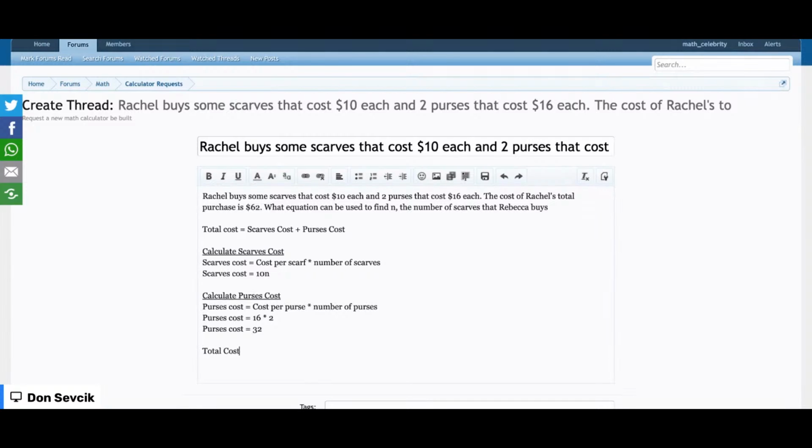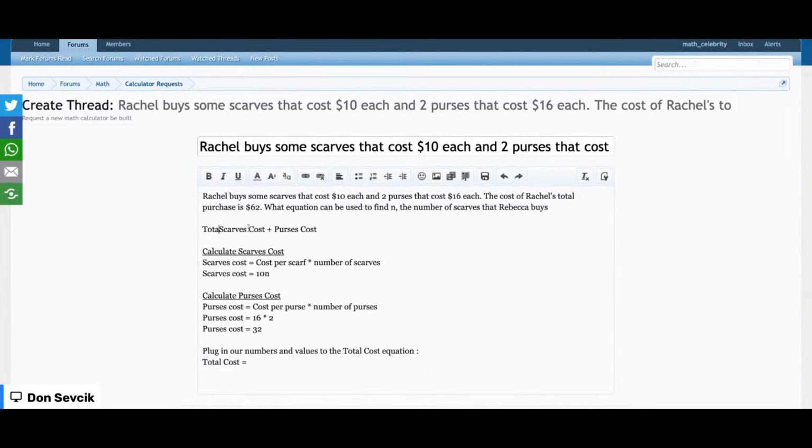So total cost, plug in our numbers and values to the total cost equation. Total cost equals 62.